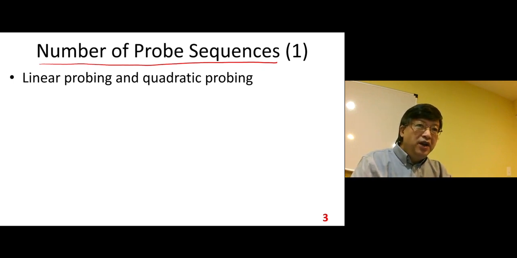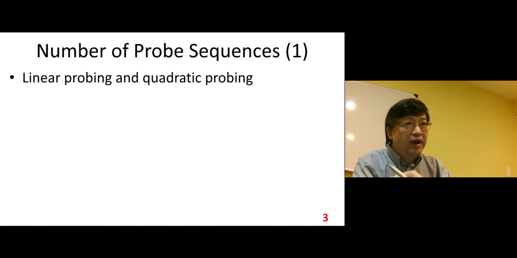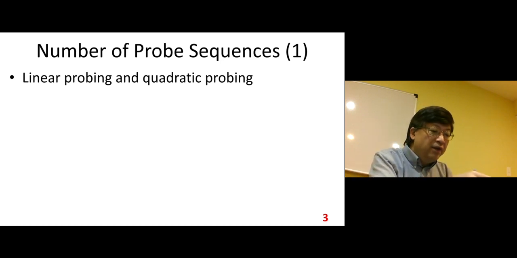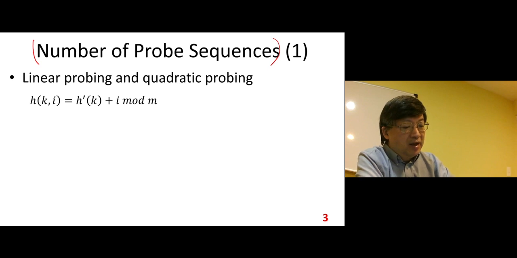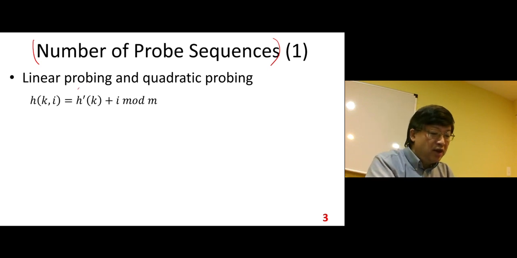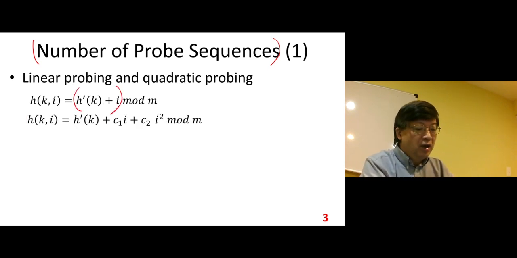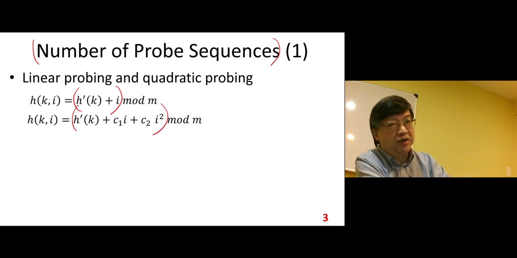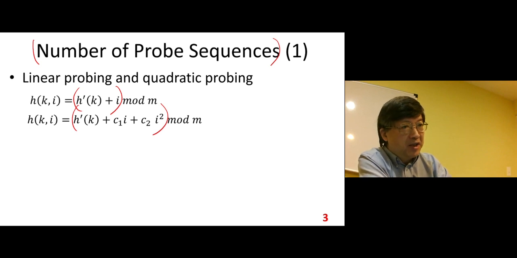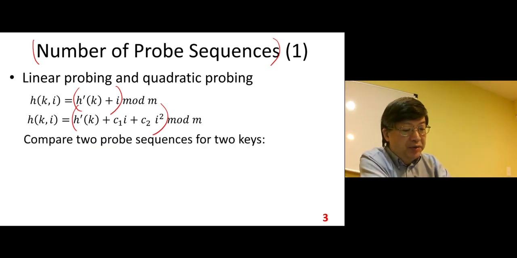So let's look at linear probing and quadratic probing again on this property, the number of probe sequences. This is the linear probing hash function. This is the quadratic probing hash function. Let's compare two probe sequences for two keys.